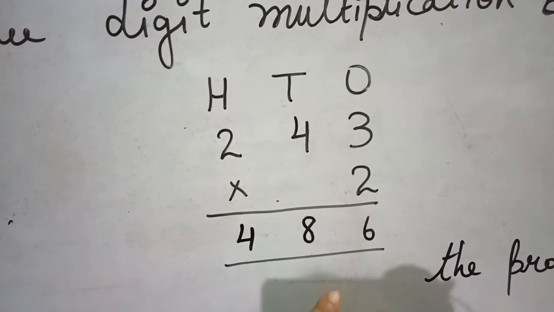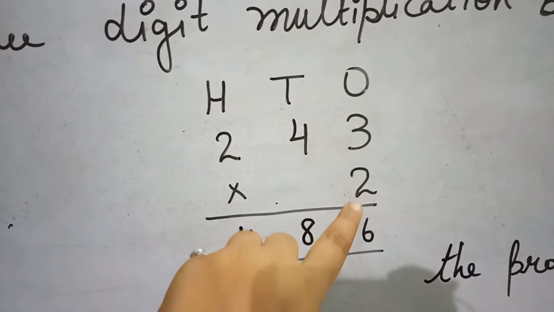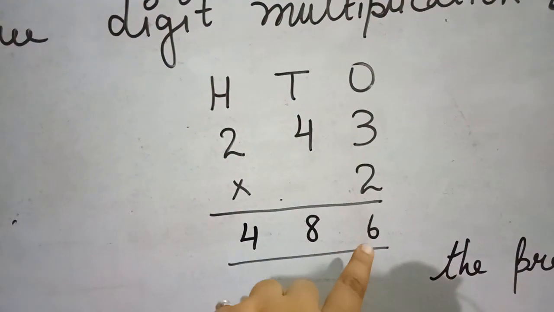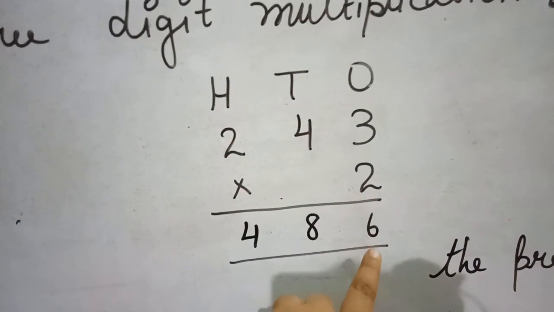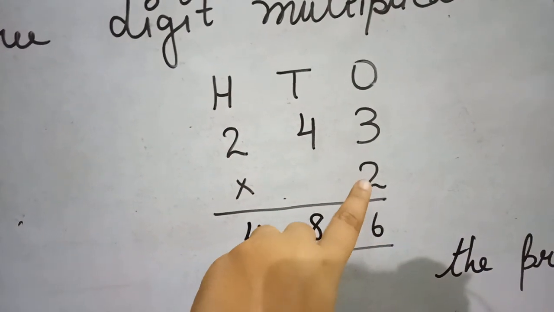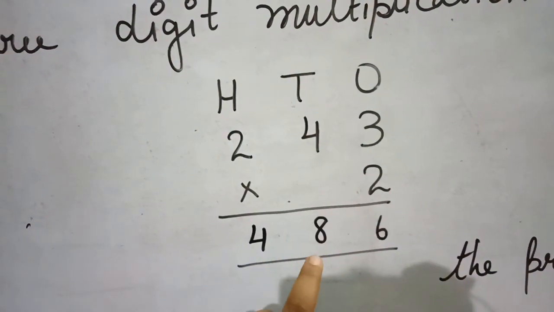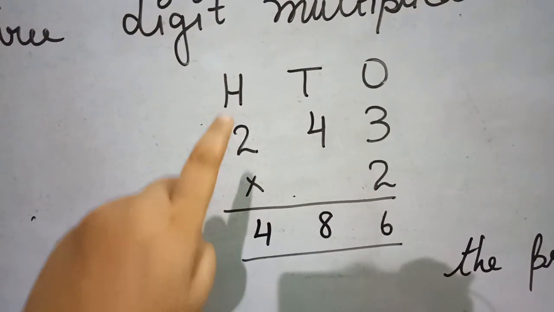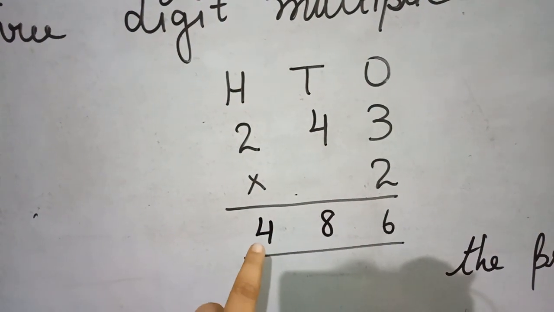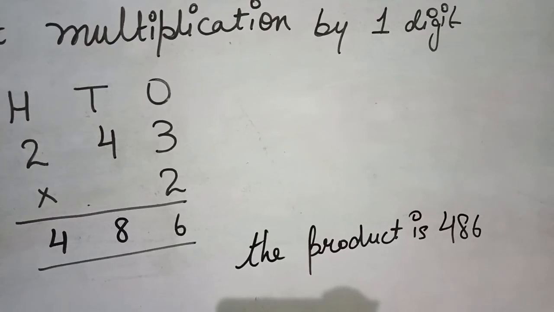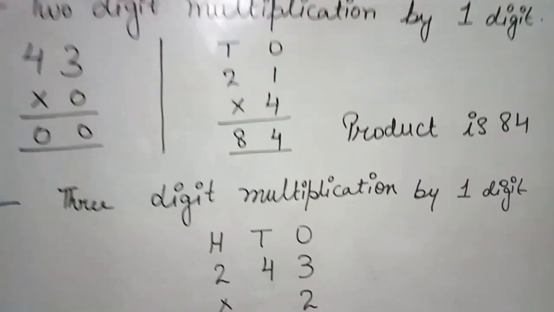Again I am going to repeat it. Firstly, the multiplier multiplies with ones, so 2 3s are 6, and we get the answer in the ones section. Then 2 4s are 8, the tens answer is 8. 2 2s are 4, in the hundreds section, 4. So the product is 486. This is without carrying.